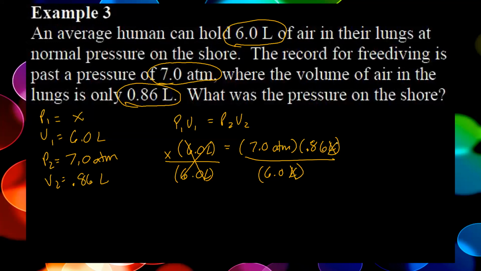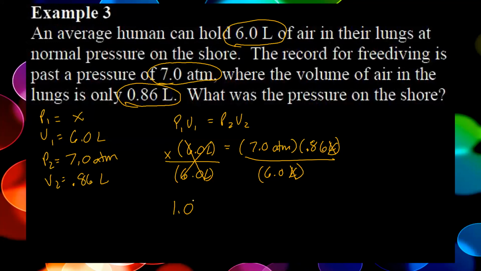So I'm going to have 7 times 0.86 divided by 6. Someone do that for me. I'm expecting this to be a pretty small number compared to 7. 1.0? Okay.